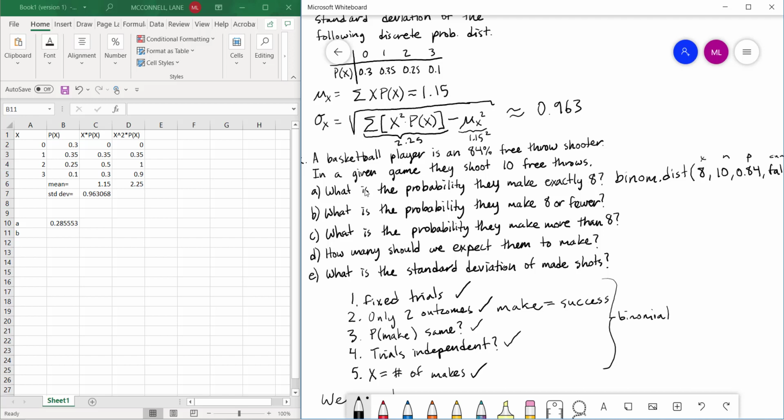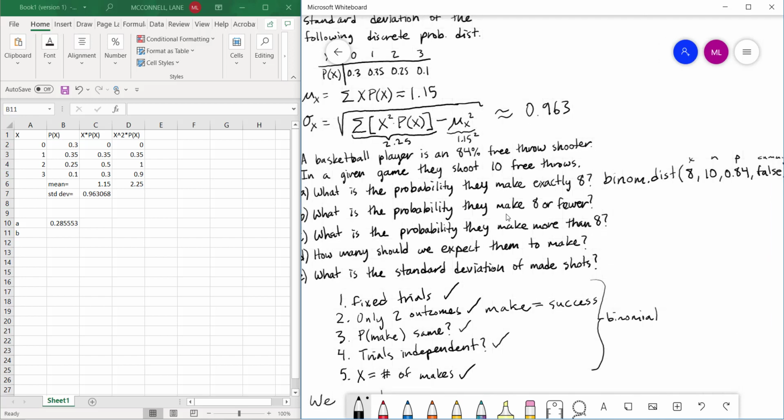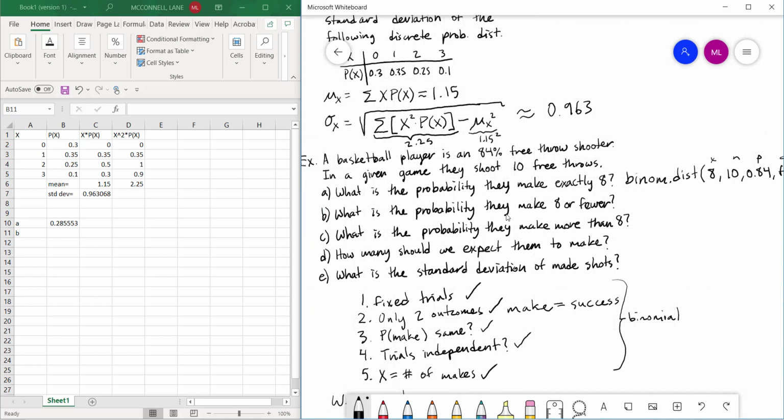And that, in fact, is what we're going to ask in part B. This is an example where we would want to use a cumulative distribution. We want the probability that they make 8 or fewer of their shots, and sum all those probabilities up to give us this big combined probability here.